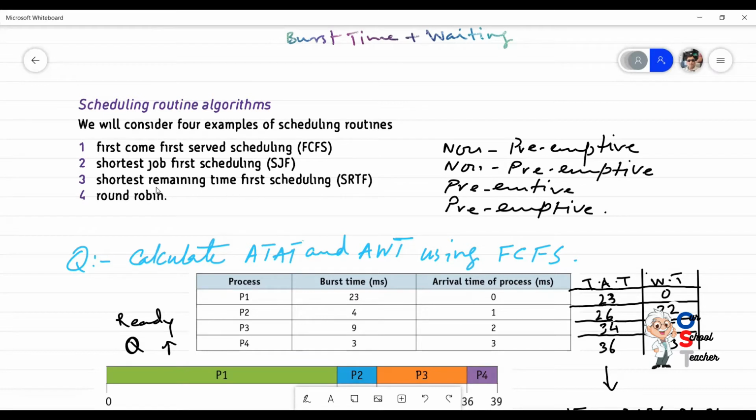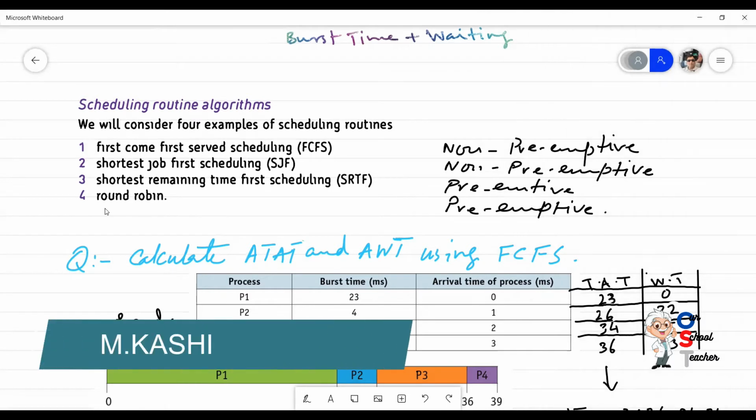This means that, for example, the process which is in execution, and another process comes which requires less CPU time, then it will be given priority. And then the last one is round robin.